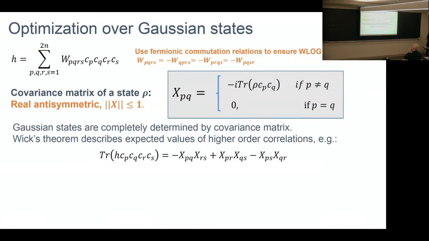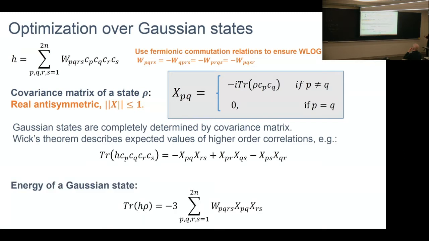Okay, so now we have an optimization problem where the variables are these entries of the covariance matrix. So we can describe this as maximizing a quadratic function of the matrix elements of this matrix, subject to a constraint that the matrix is in this linear subspace of real antisymmetric matrices and has a norm constraint.